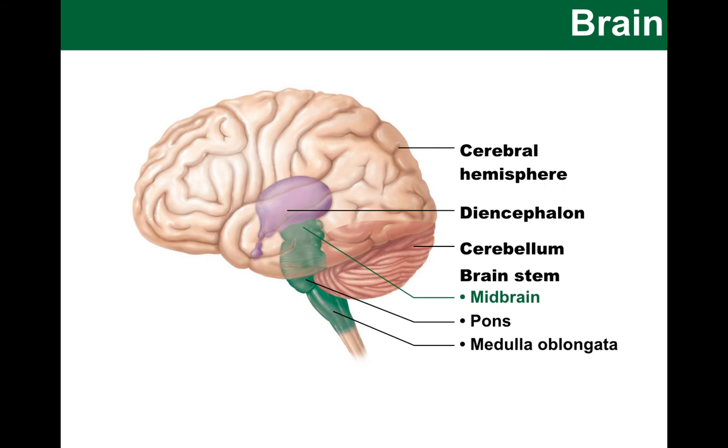So, if we wish to look at each of these a little bit, what we see is that the midbrain is an important relay station. And the pons is a site where we control, for example, the breathing rhythm.